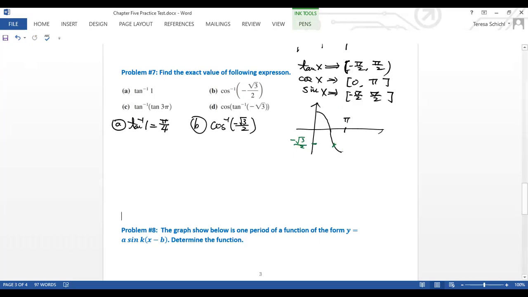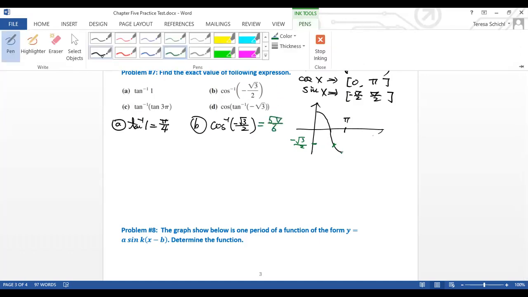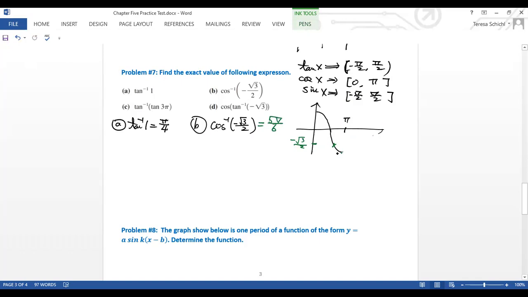If you remember, this will be 5 pi over 6. The reason it's 5 pi over 6 is that the negative square root of 3 over 2 is here, the next one will be negative 1, and so pi over 6 is the reference angle if you look that way.